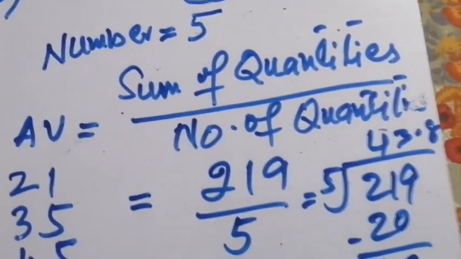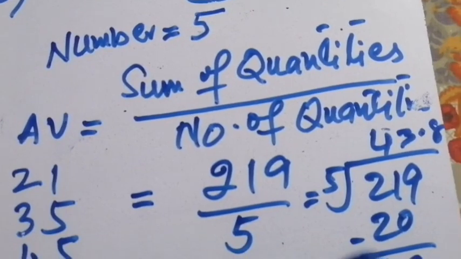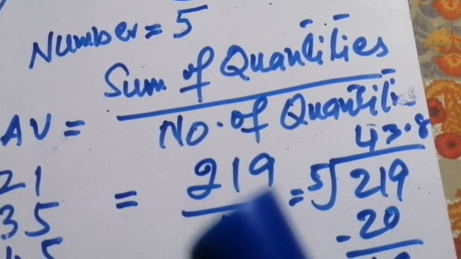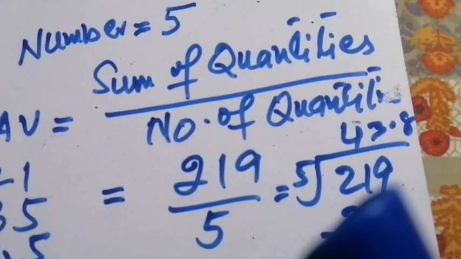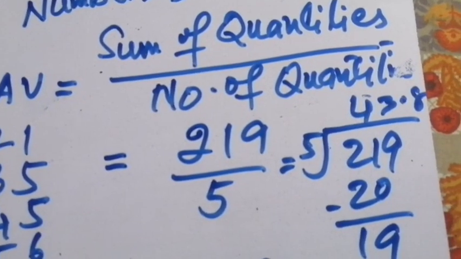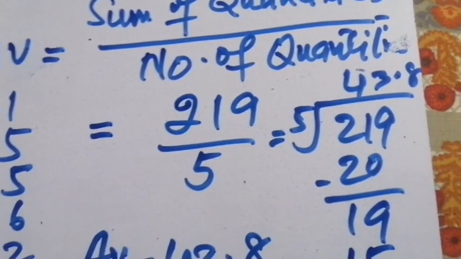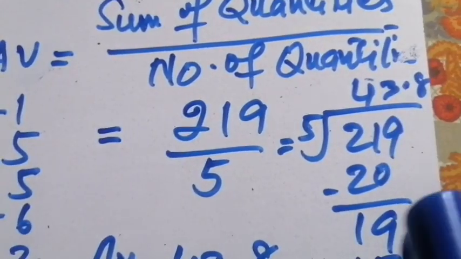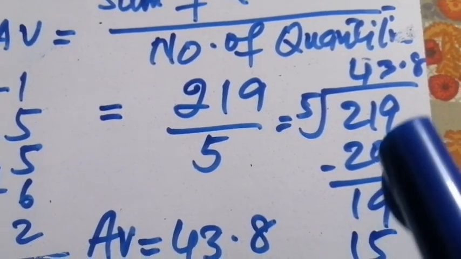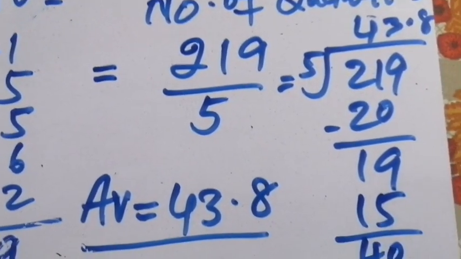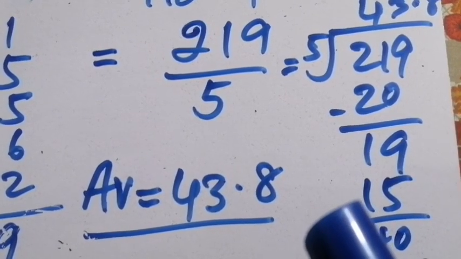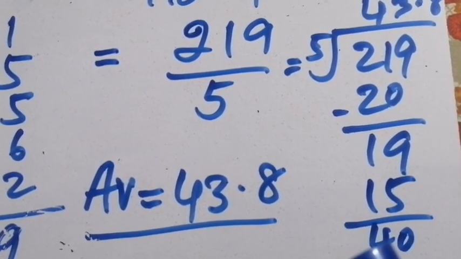So it will be 219 divided by 5. So 5 4s are 20, minus, and 1 remained, and we'll bring down the 9. 5 3s are 15, subtract, 19 minus 15 is 4.